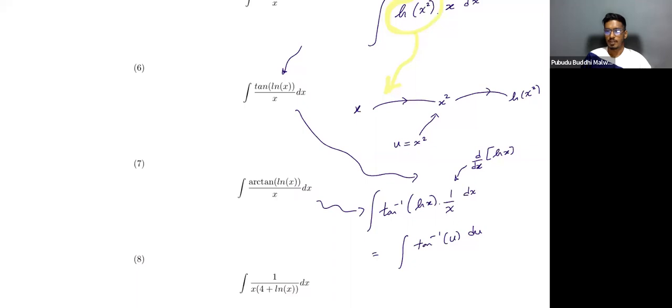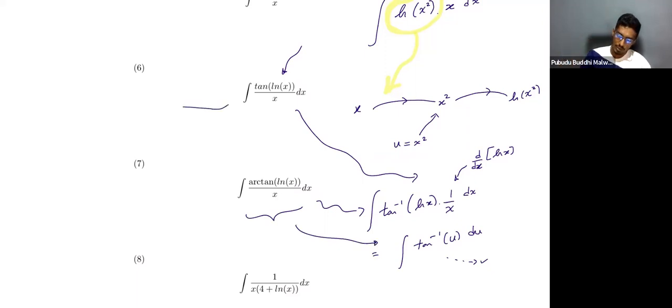Then we should integrate this one. For that, we need a different strategy, but I just want to mention this idea. We can't integrate this function right now, because we can differentiate tan inverse. To integrate tan inverse, we use a special method, that is integration by parts. But I think you got the idea about substitution. Basically, we simplified this complex integral to a form like this. After that, we can use a different strategy.